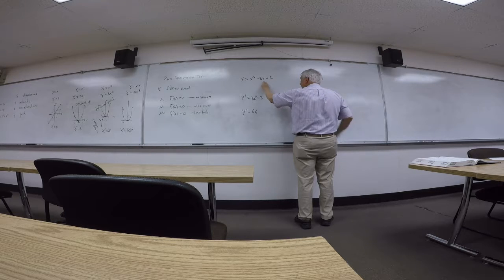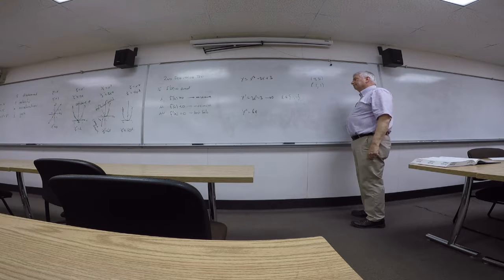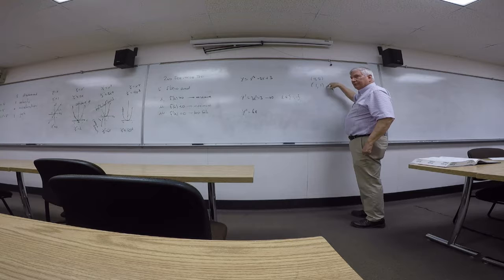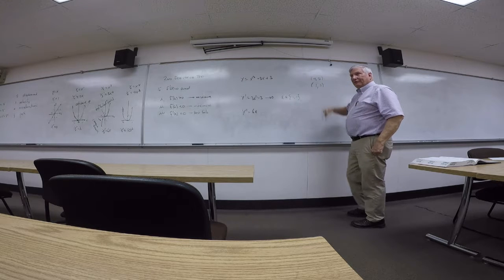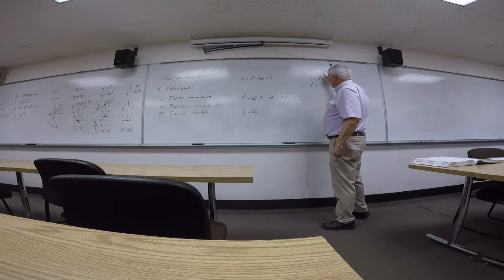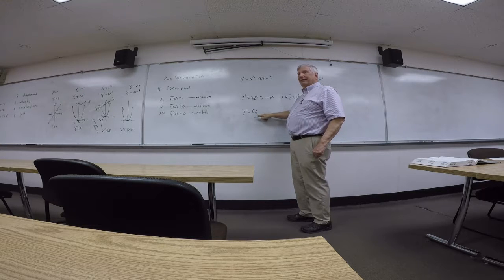Plugging in positive 1, we have 1 minus 3 plus 3 is 1. At these points, first derivative is 0. Let's see what the second derivative is at that point. For the top point, 6 times negative 1 is negative 6.